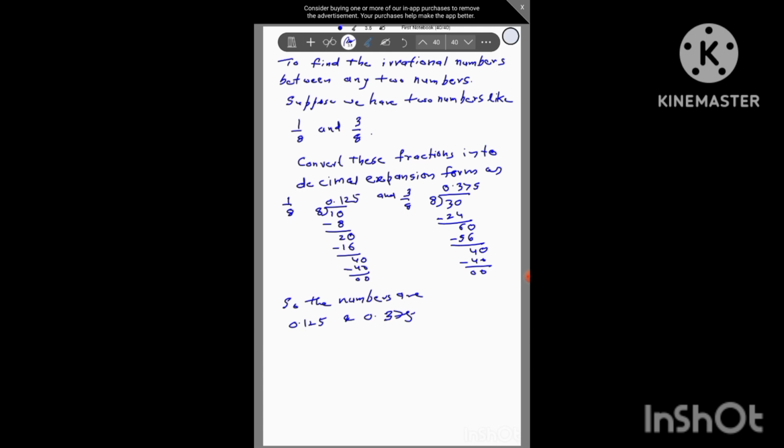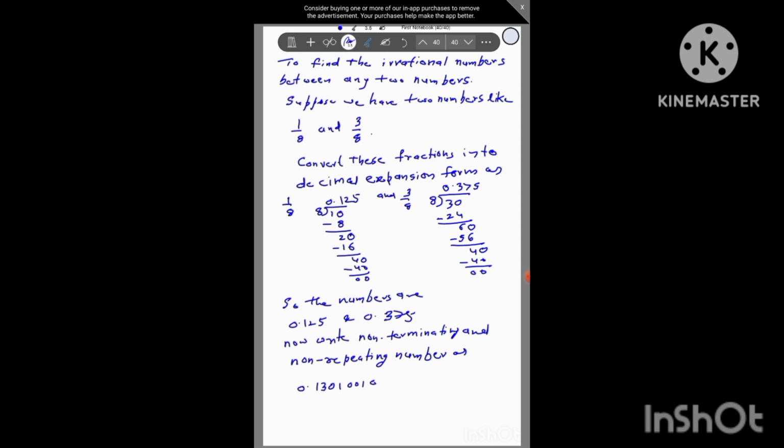Now write two numbers in between these two which are non-repeating and non-terminating. You can write any numbers. I am writing two or three numbers just for instance. You are not supposed to repeat the values as I am showing, and they should not terminate either.